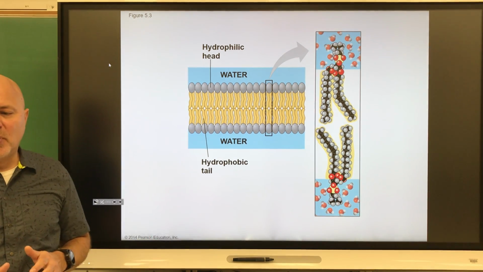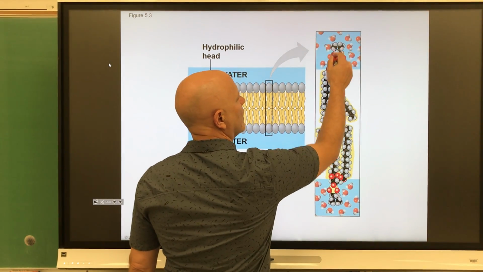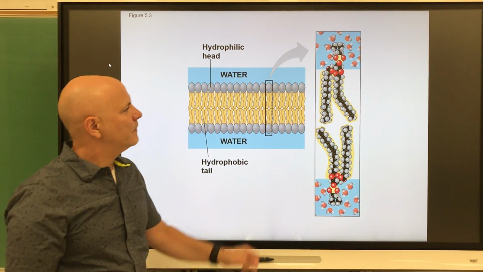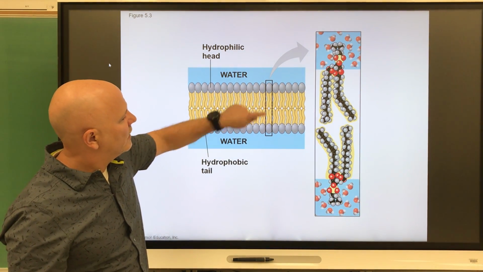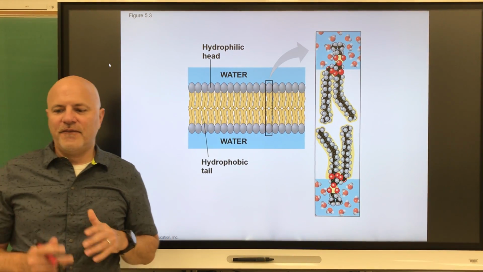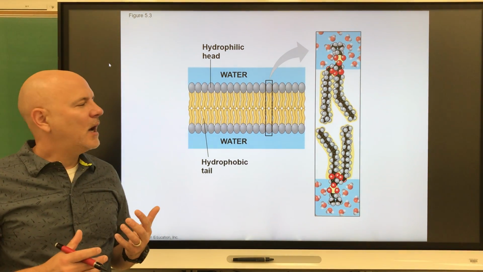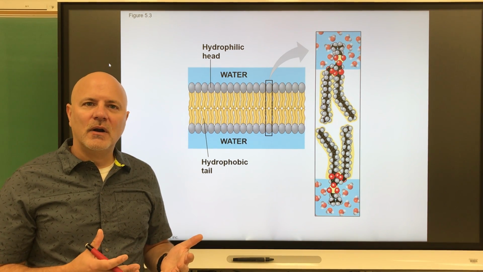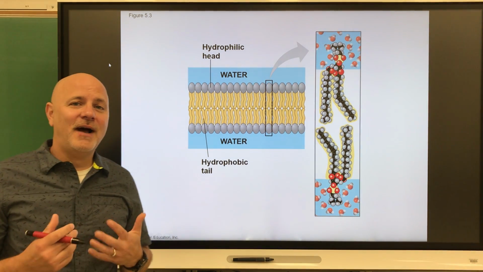Now, we have 2 different parts of phospholipid. The upper part, so this part right here, is known as the phosphate head, shown here. And these parts here are called the fatty acid tails, shown here. Now, the phosphate head is said to be hydrophilic.